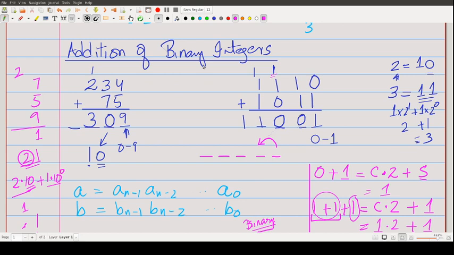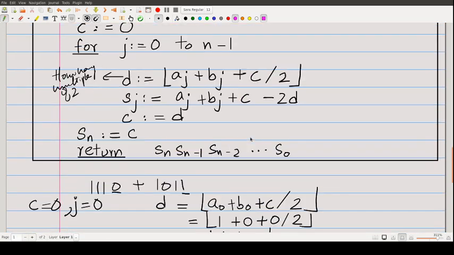How are we going to return the S_{n-1} form? Well, once you have the digits, you can just write them down. You can just print them, right? So if you have all these numbers, the last number will be S_0, the next number will be this, and so on.